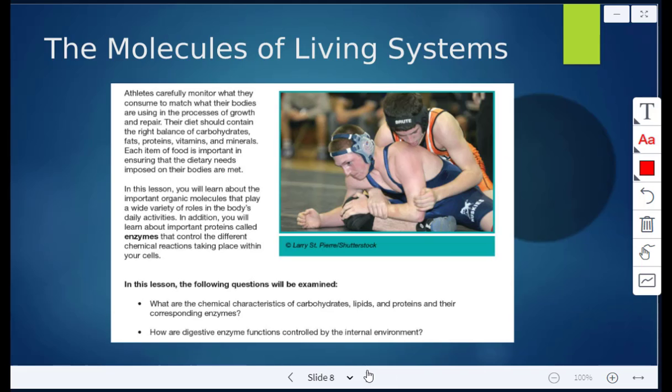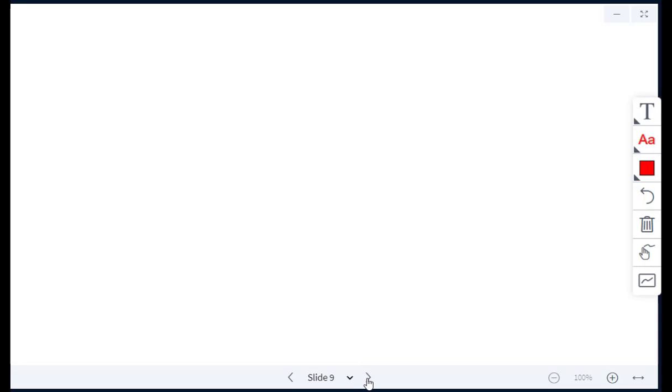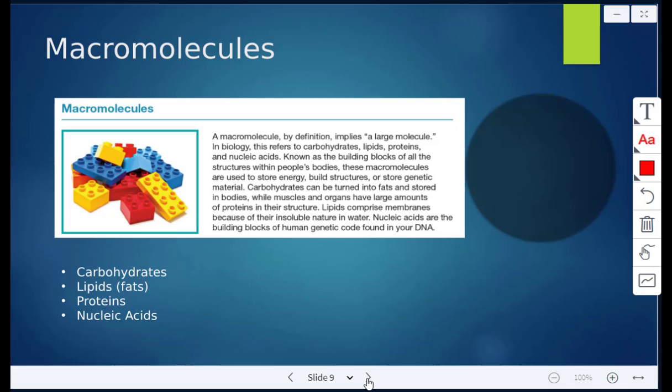So we're going to start by looking at carbohydrates first. Carbohydrates, lipids, which are the fats, proteins, and nucleic acids all fall under macromolecules. A macromolecule, by definition, means a large molecule. So when we're talking about it in biology, we're talking about the carbohydrates, lipids, proteins, and nucleic acids.